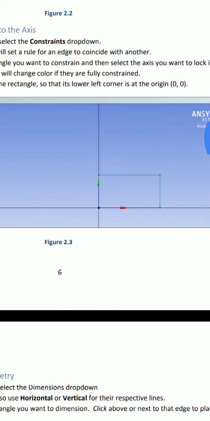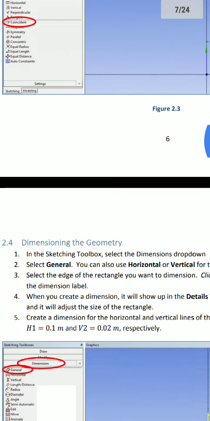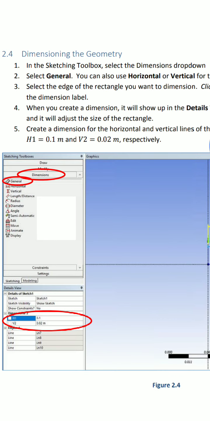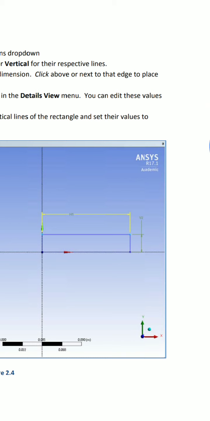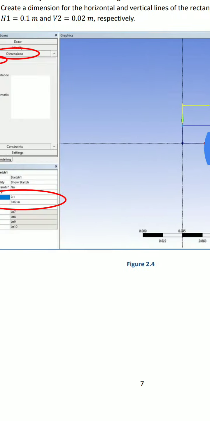Two edges you can select, and automatically the edges will coincide. Then you can go to dimension, general, and select the height and length of the rectangular section and give the value. Then the model will be created as per your dimension.